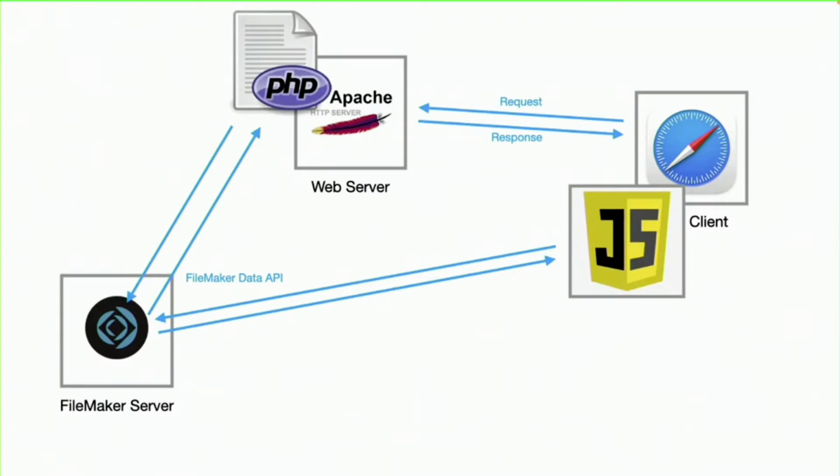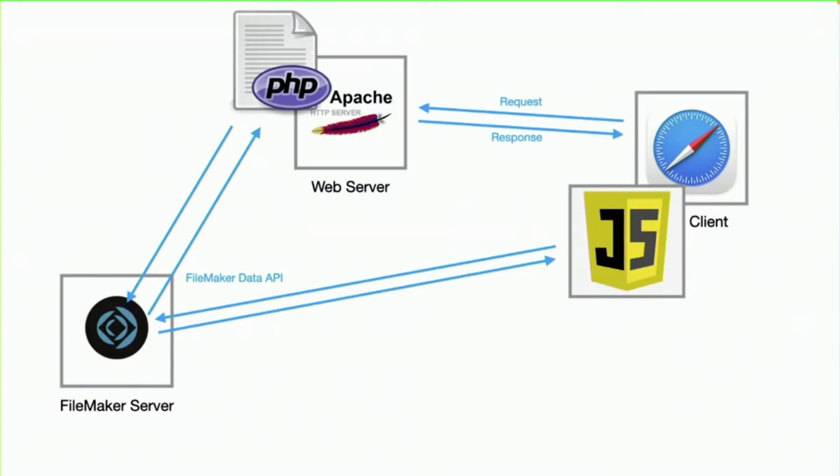And because a web browser typically is used to connect to a web server, we can also have a web server here as an intermediate object where the client talks to the web server and the web server talks to the FileMaker server. And both scenarios are possible.